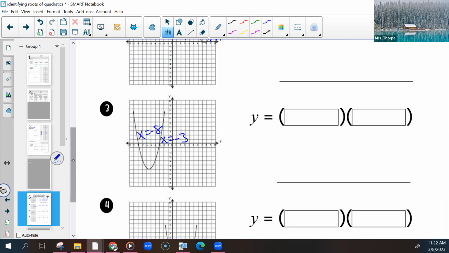So then how would we write those two in factor form? x plus 3 and x plus 8. Again, it doesn't matter which one we wrote first.